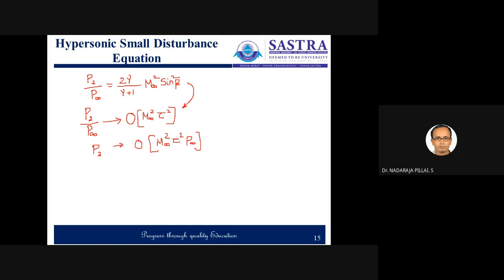So if I want to non-dimensionalize pressure and make the order of magnitude unity, then any pressure divided by gamma M infinity square, tau square, and P infinity can be the better way of expressing it in a non-dimensional form, right?